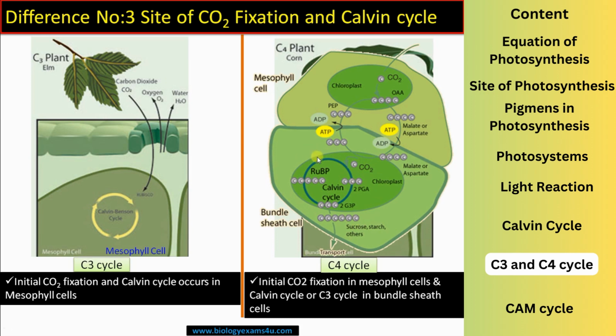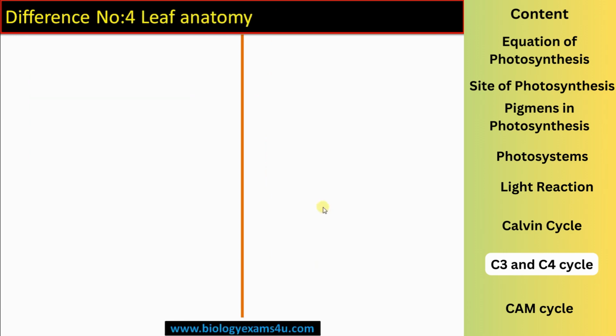Bundle sheath cells act as a carbon dioxide concentrator, providing Rubisco with optimum carbon dioxide concentration, thereby completely avoiding photorespiration or the inhibitory effect of oxygen. And later this malate is converted to pyruvate and then to phosphoenol pyruvate.